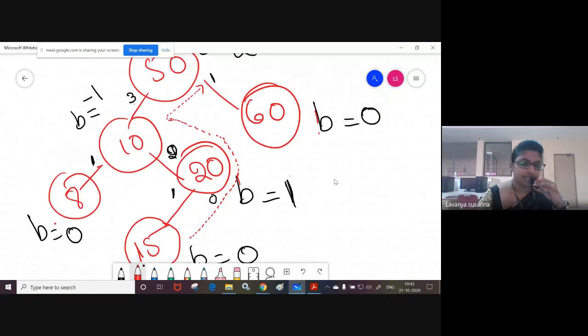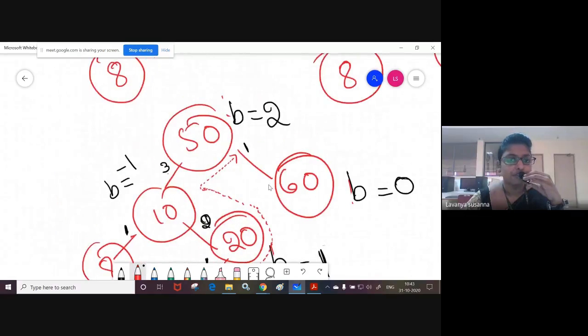Once again, traverse from 15 to the root node and see whether any node is imbalanced. Here 20 is balanced, node 10 is balanced. At which node did you get imbalanced? At 50.